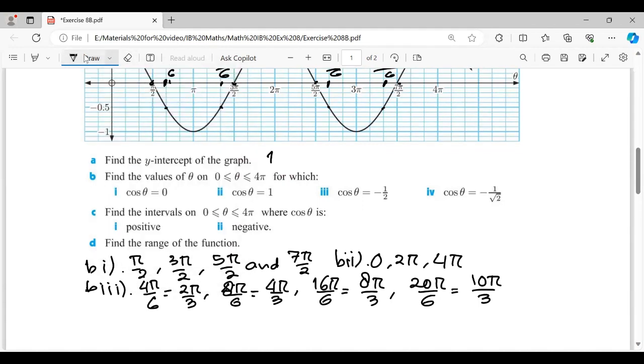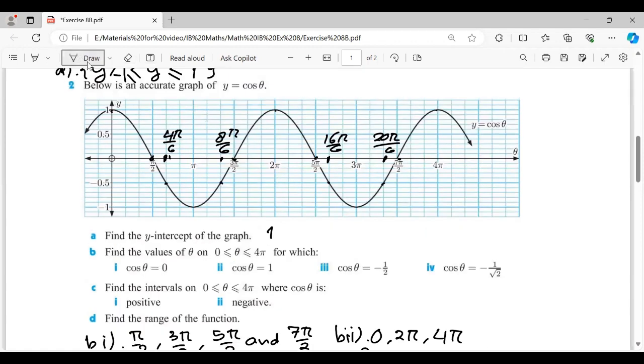In the calculator, you may divide 1 over square root 2, which equals 0.7.